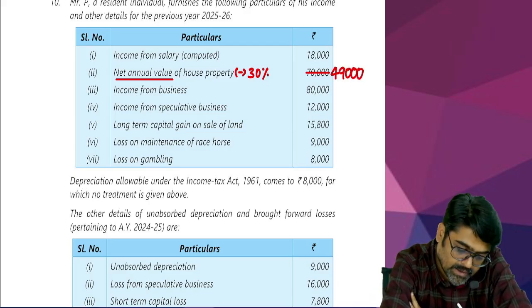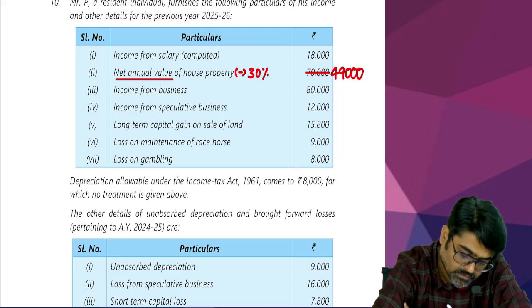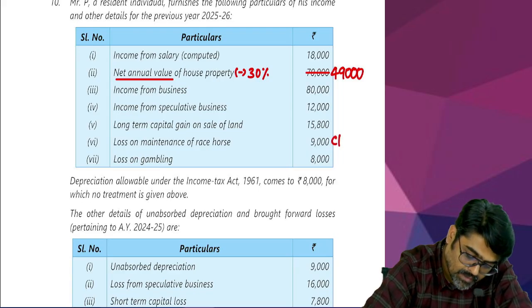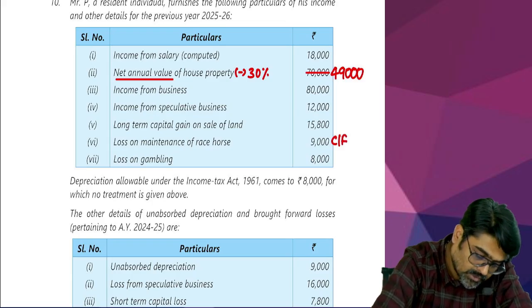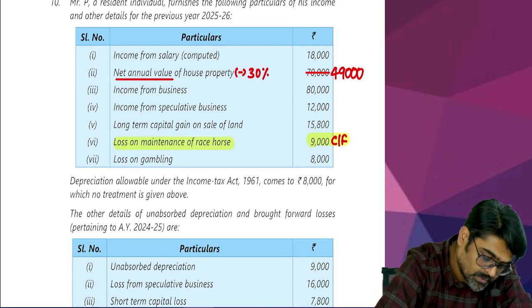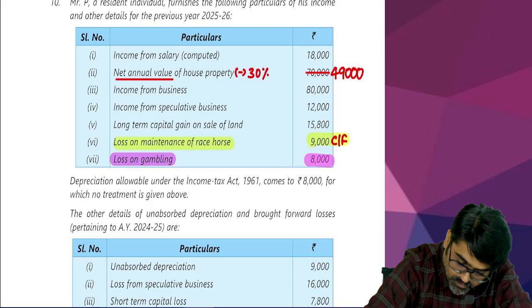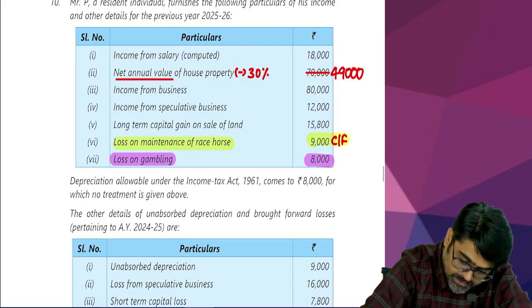Income from salary, income from house property, income from business, income from speculative business, long-term capital gain, loss on maintenance of race horses. Directly carry forward. Okay. So this will be carried forward. 9,000. Loss of gambling, pink color, will be ignored.